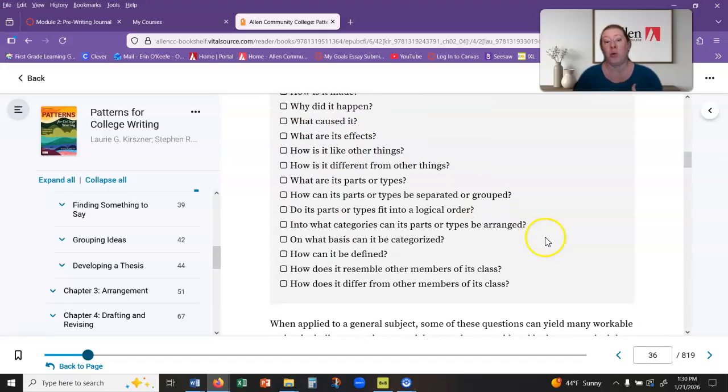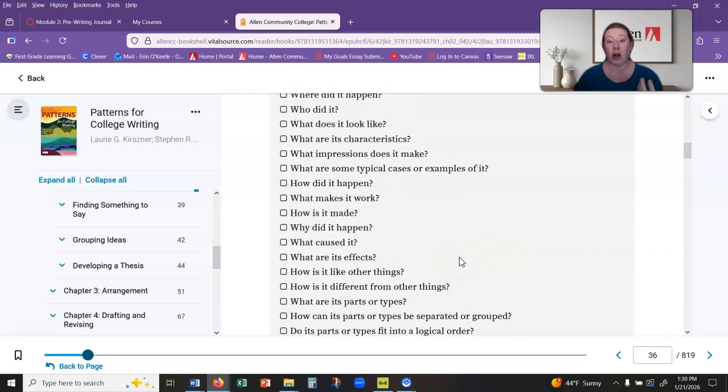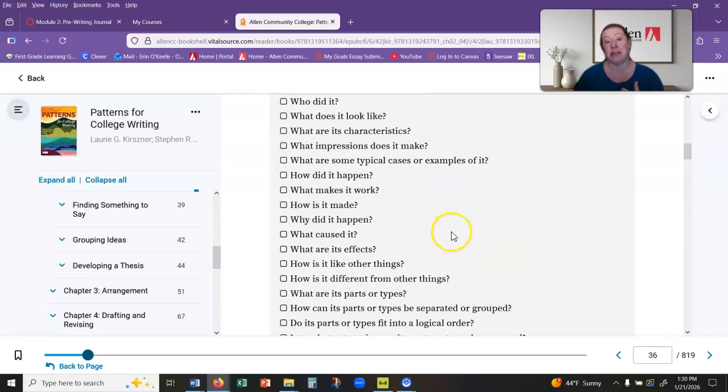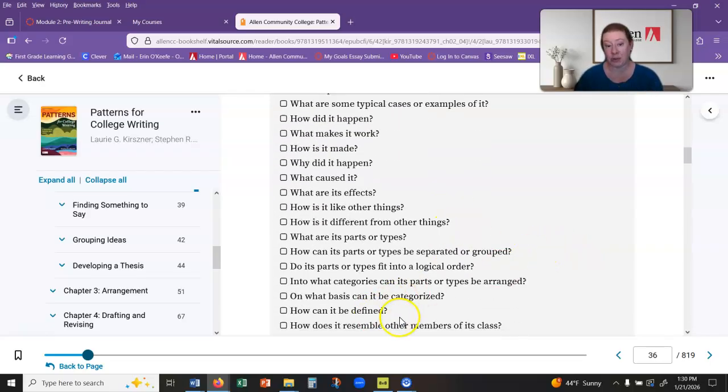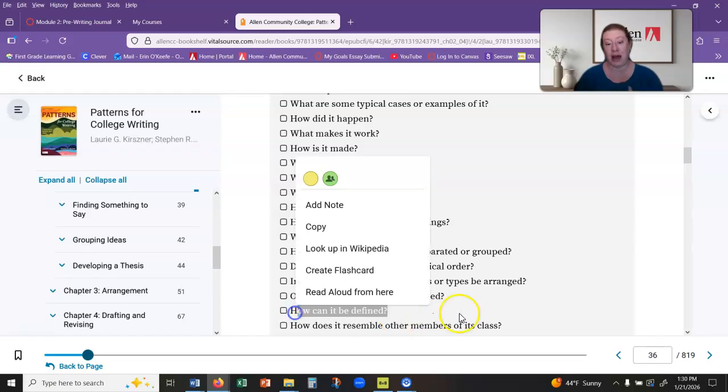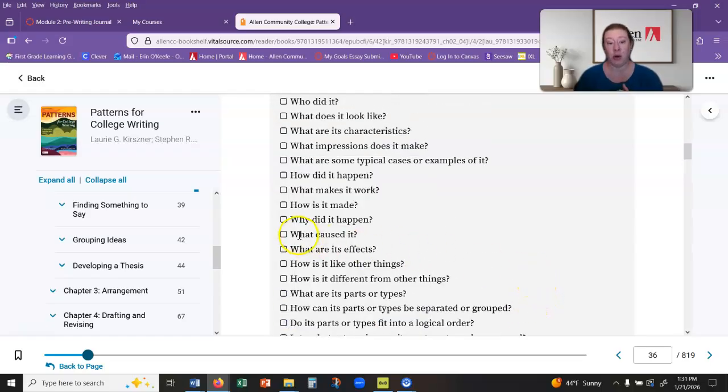How are cell phone policies being defined? You might look at what causes it. So the question you write out would be, what causes more strict cell phone policies in the classroom? You're going to write out a question that would lead to a more specific answer.